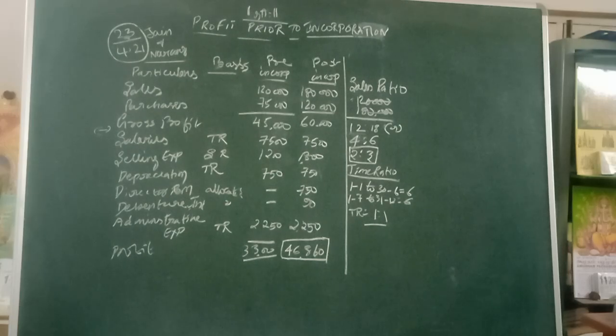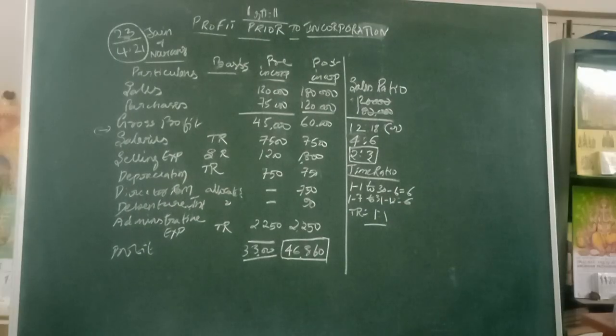Selling expenses are apportioned on the basis of 2:3, that is the sales ratio, that comes to 1,200 and 1,800, that is 3,000 is apportioned like this. Then depreciation, the total amount of depreciation given in the question is 1,500, apportioned in equal ratio, so 1,500 divided by 2, 750, 750.